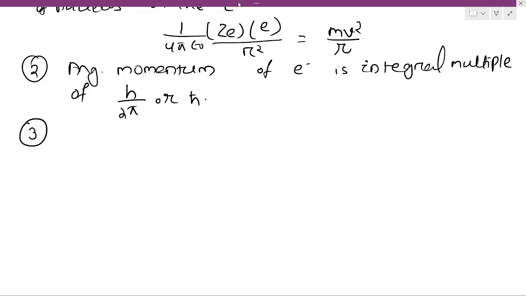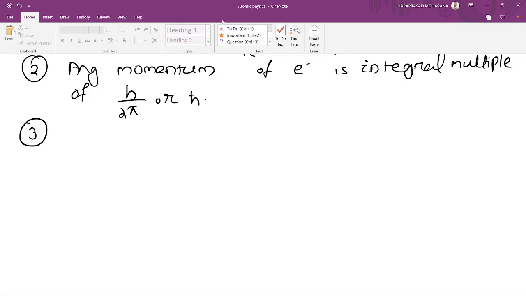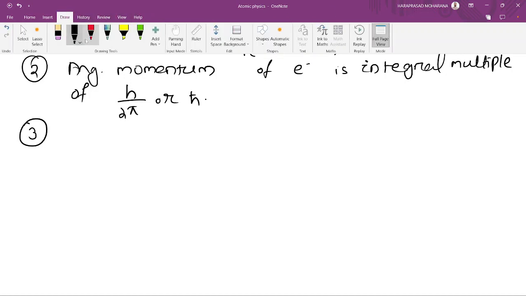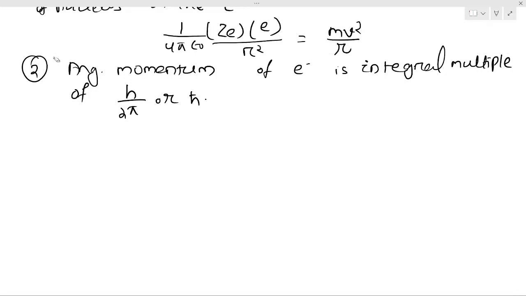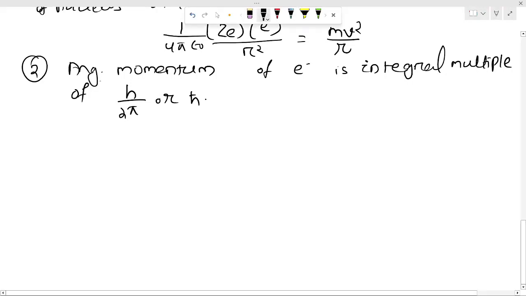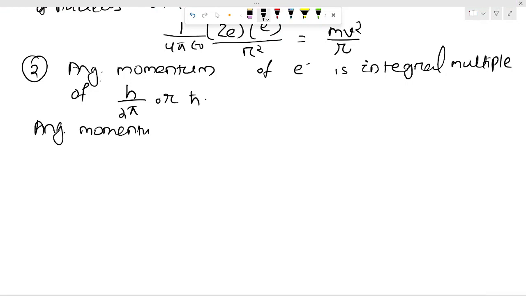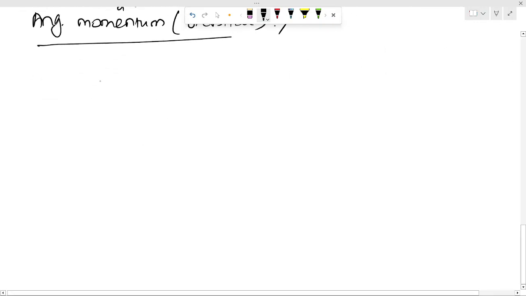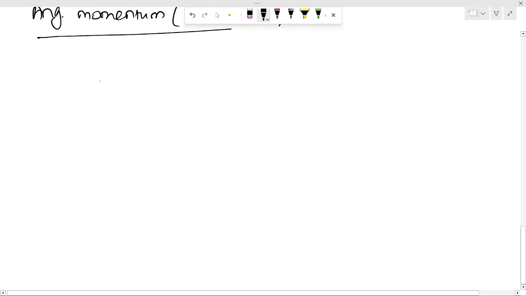So let us talk about the angular momentum. Let me draw it for your better understanding.